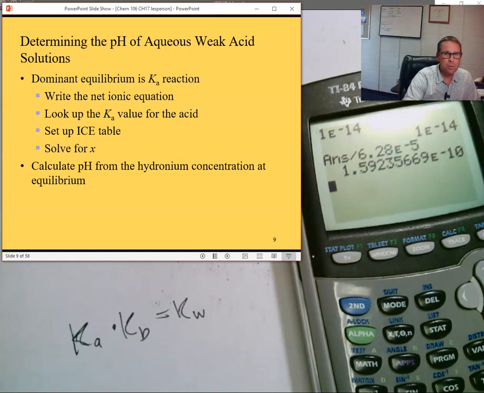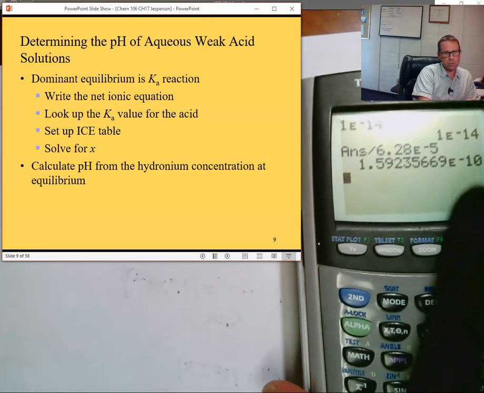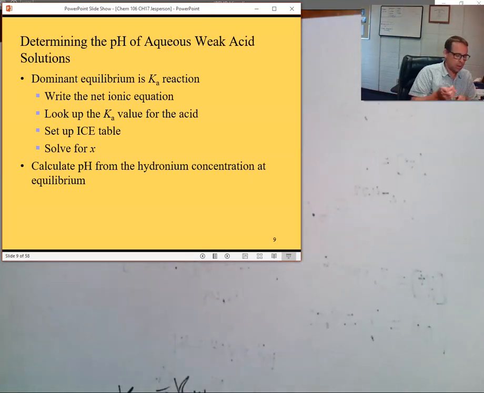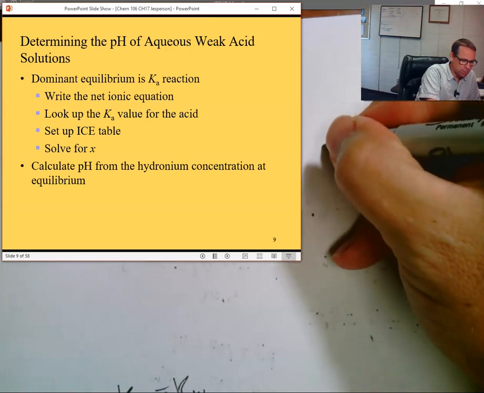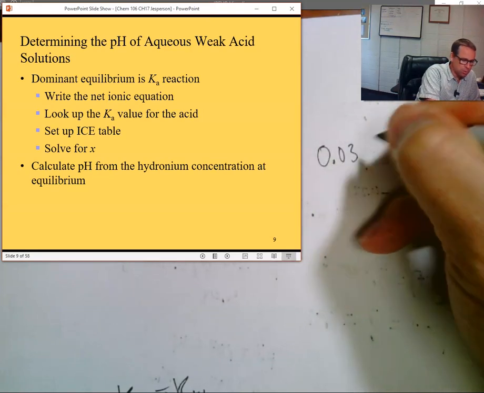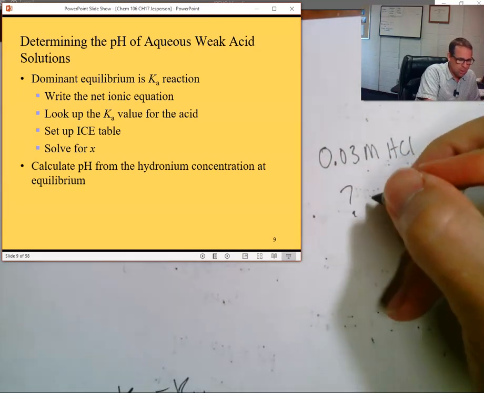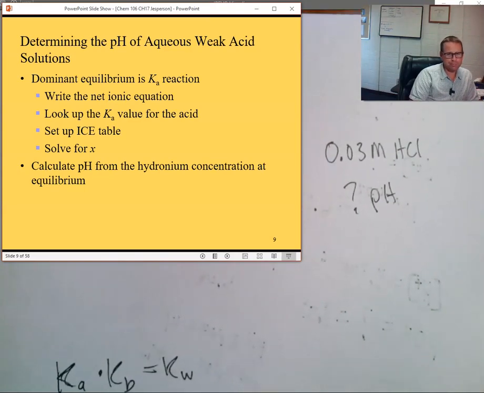First, a quick review of how we predict the pH given the concentration of a strong acid. This question is for you, Brielle. If I have 0.03 molar HCl, what is the pH of this solution? Do you remember how we do that, Brielle?